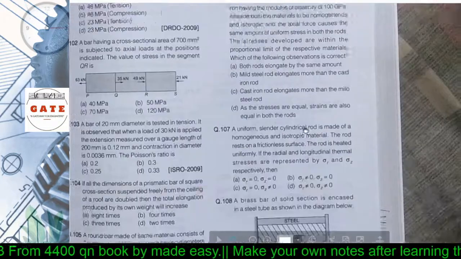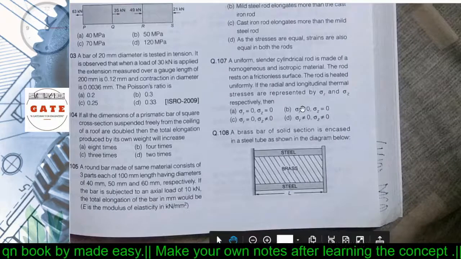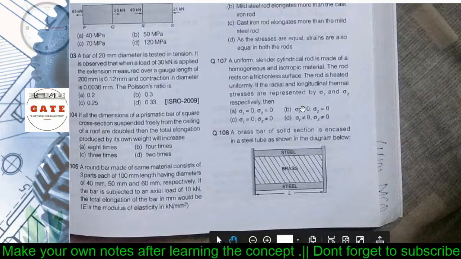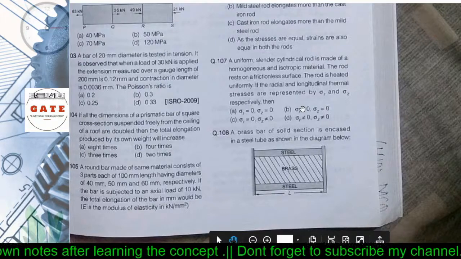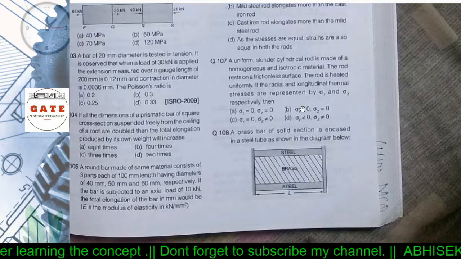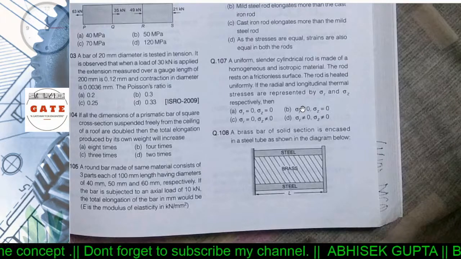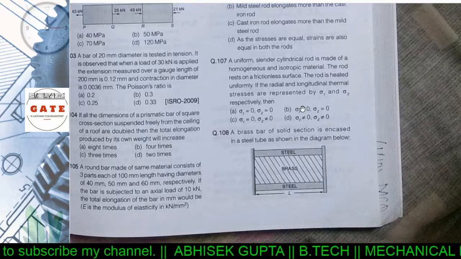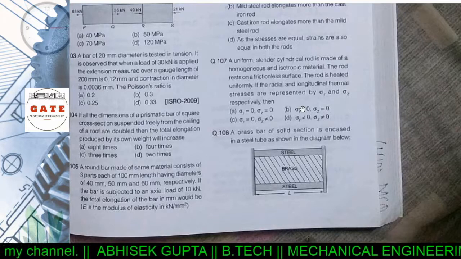Next question 107. A uniform cylinder. So 106 is important, 105 is important, 107 is also very important. A uniform cylindrical rod is made up of homogeneous and isotropic material. The rod rests on a frictionless surface. The rod is heated uniformly.